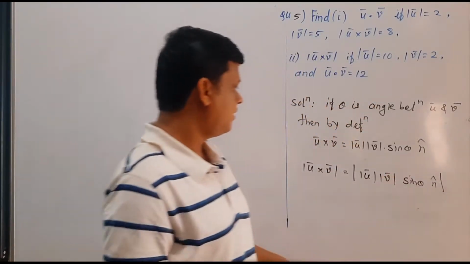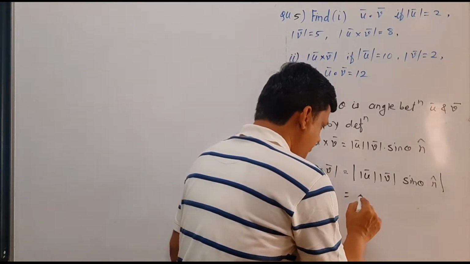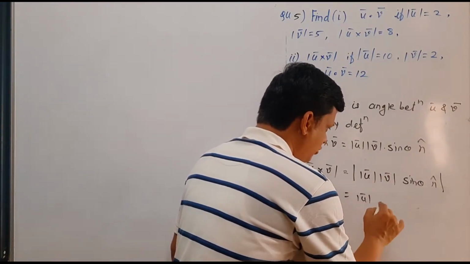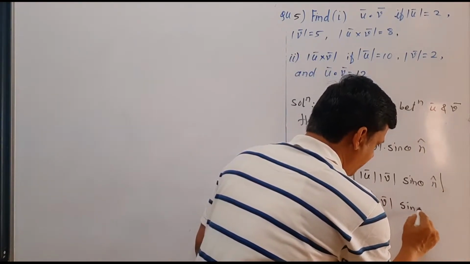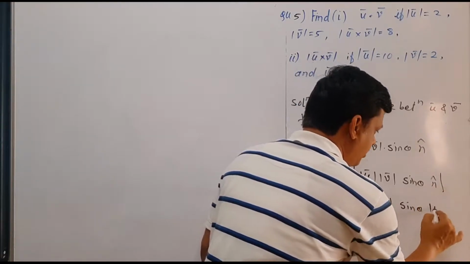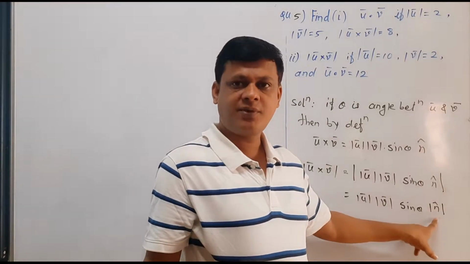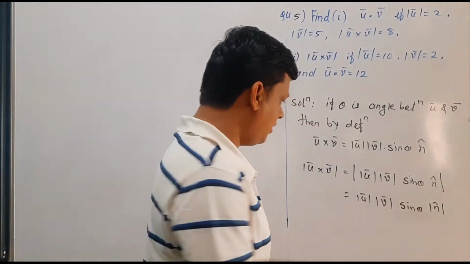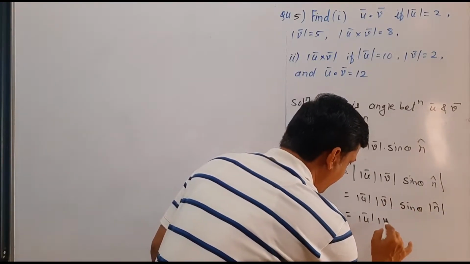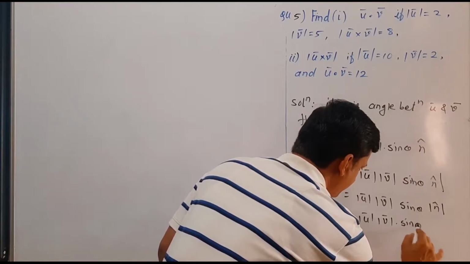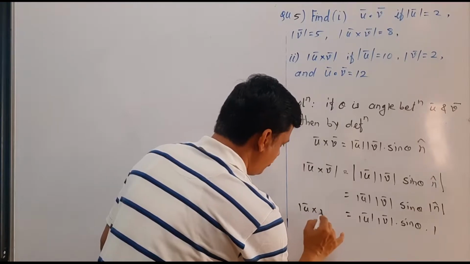Now we take the magnitude of each term: magnitude of u bar, magnitude of v bar, magnitude of sin theta, and magnitude of n cap. This n cap is a unit vector, so its magnitude is 1.